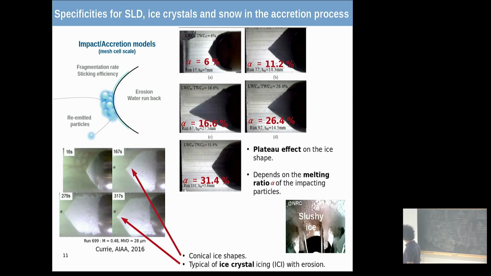Another thing which is really typical of ice crystals has been called like that the first time by Tom Currie from NRC Canada. He calls that the plateau effect.